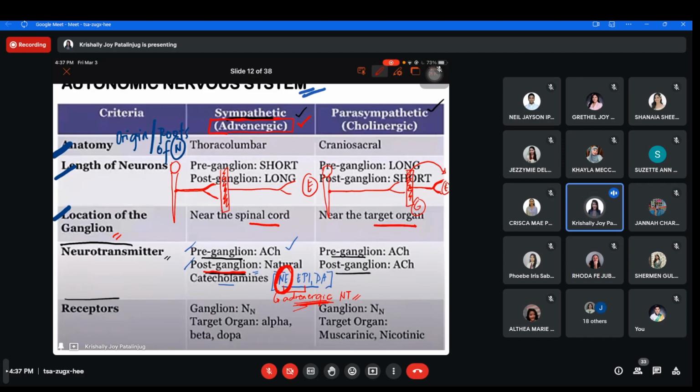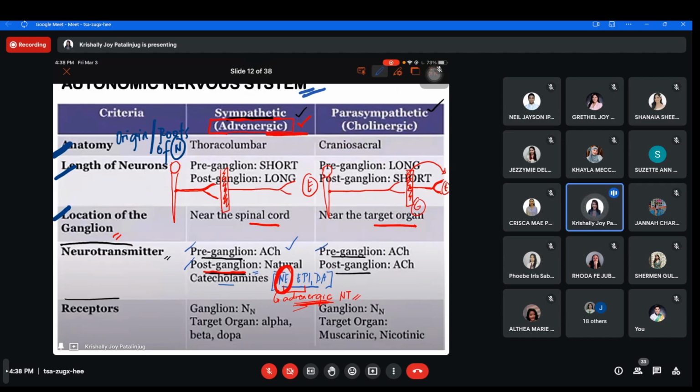No, adrenergic responses. Kasi yung na-receive niya yung neurotransmitter, isang adrenergic neurotransmitter. Okay, so that's the reason why sympathetic nervous system is also known as adrenergic nervous system. Kaya nakalagay dyan sa parenthesis sa taas. Okay, next, let's have the parasympathetic nervous system.